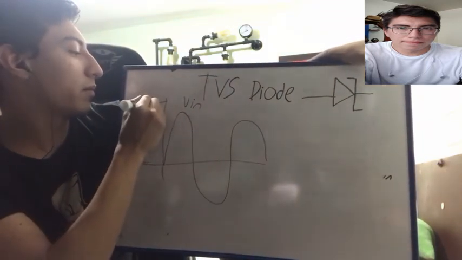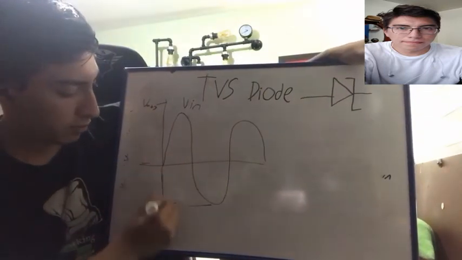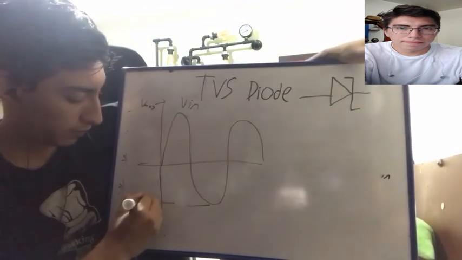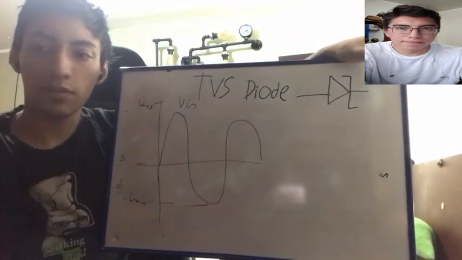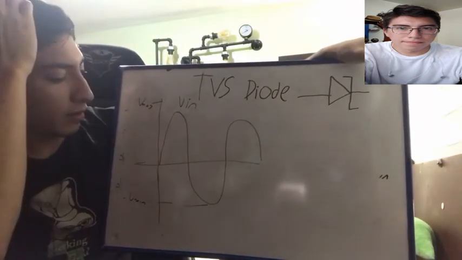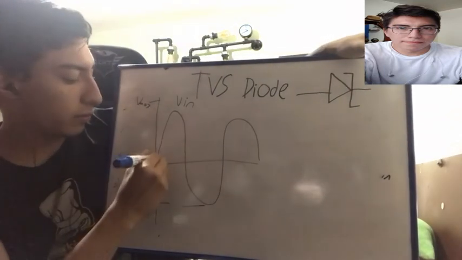We have a V max, and a negative version of that. In this case, the effect that will be produced by the diode will be this.